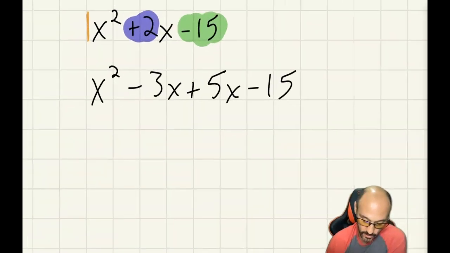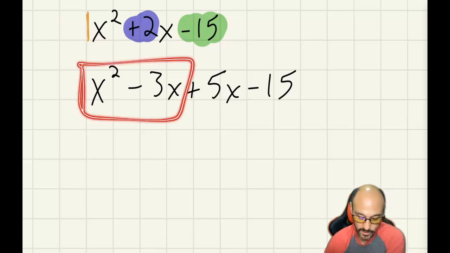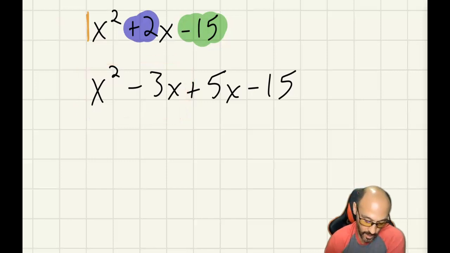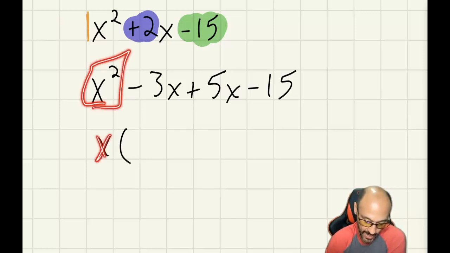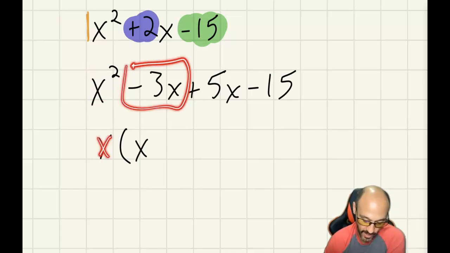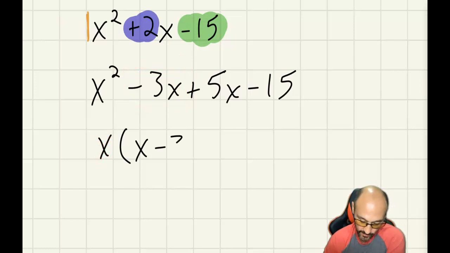Now, what I need to do is notice that the only thing I can factor out from the first two terms is the x. X squared is divisible by x, and negative 3x is divisible by x. So I factor out the x, and x squared divided by x is x, and negative 3x divided by x is negative 3.